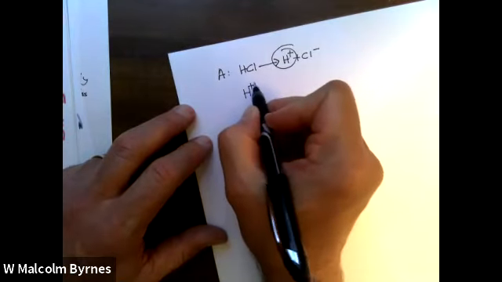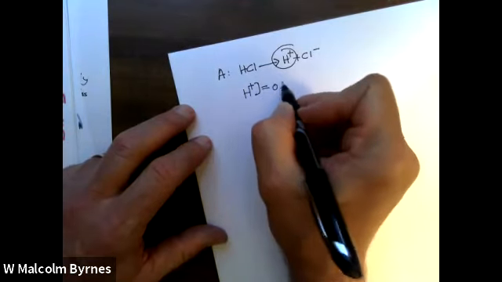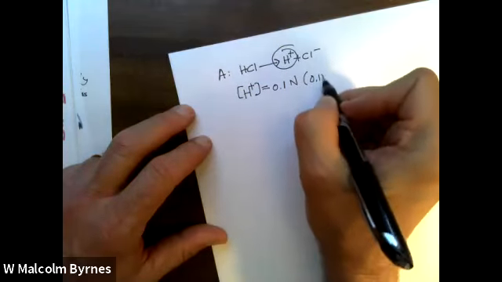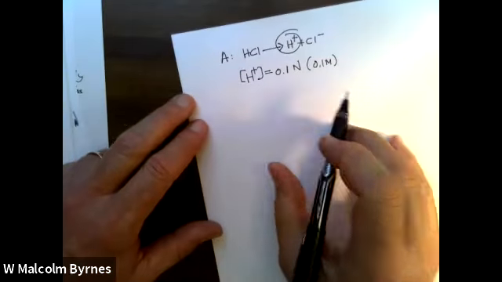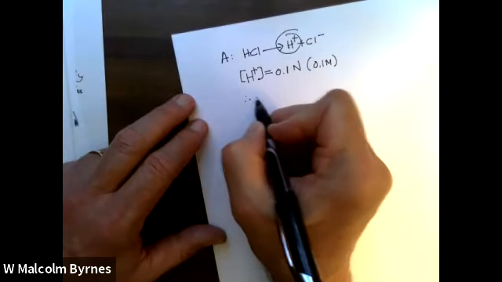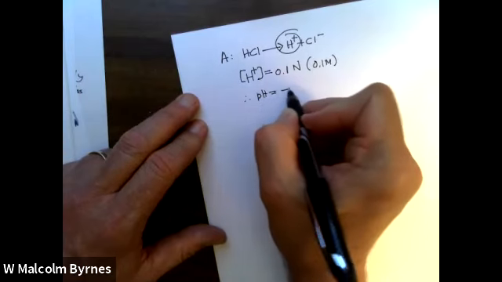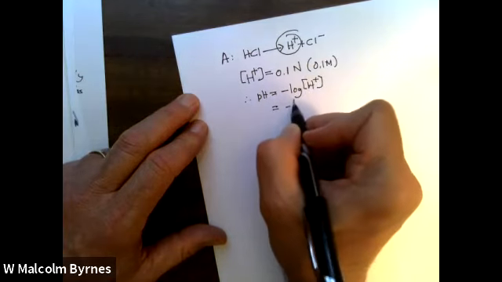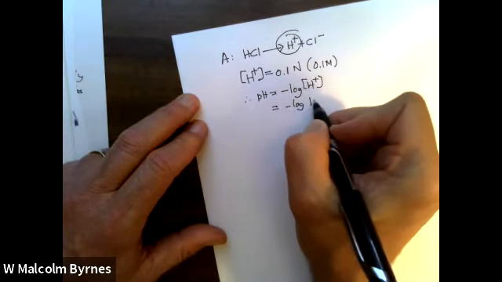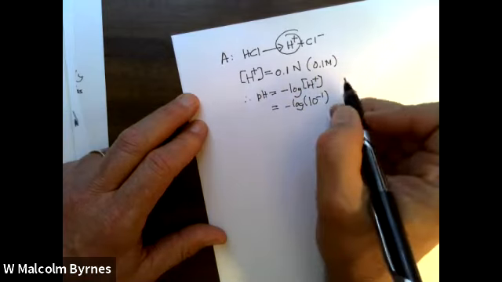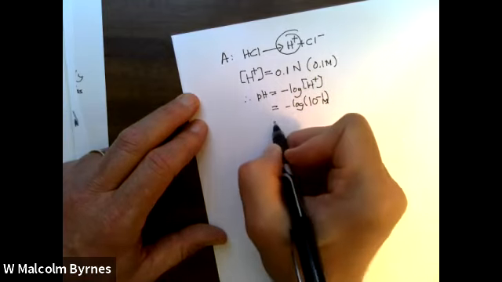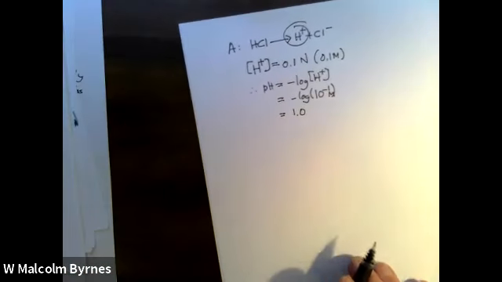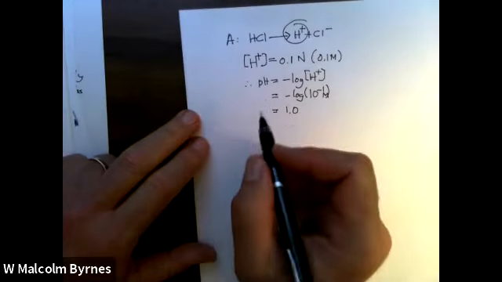So the hydrogen ion concentration is 0.1 normal, or you could consider it to be 0.1 molar here. And therefore, the pH, which is the negative log of the hydrogen ion concentration, is just negative log of 0.1, or 10 to the minus 1 molar, which is just 1. So the pH of that acid solution is just 1.